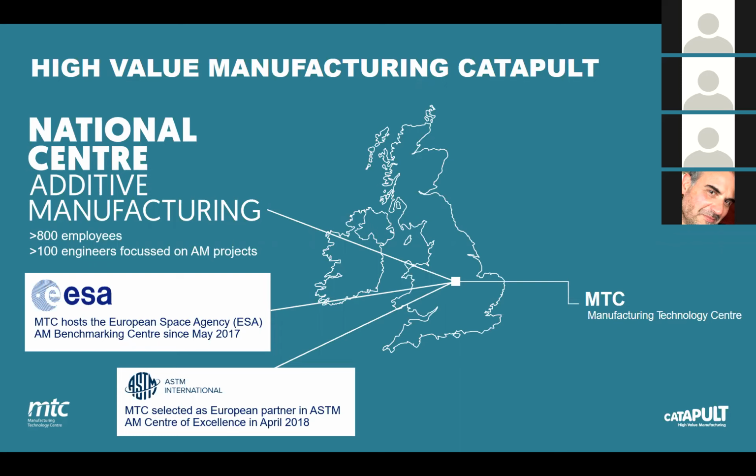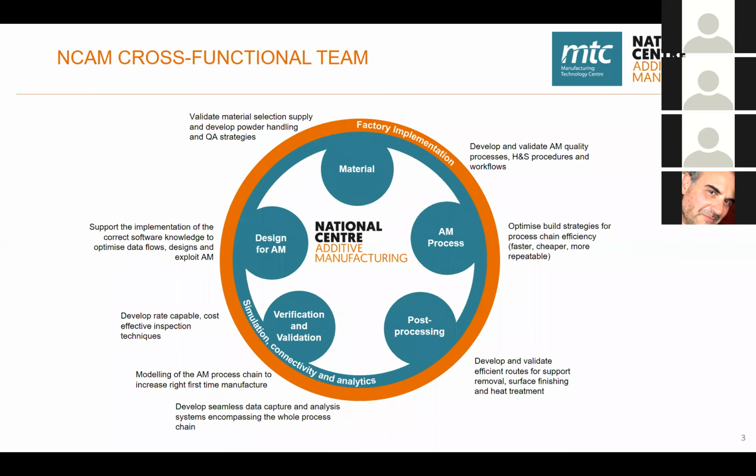For you to understand how the National Centre works, it is not just one team. We are different teams, each one specialized in one of the areas. If you attended last week's materials webinar with my colleague Jason, he is from the materials team, who develop the capability on that side.